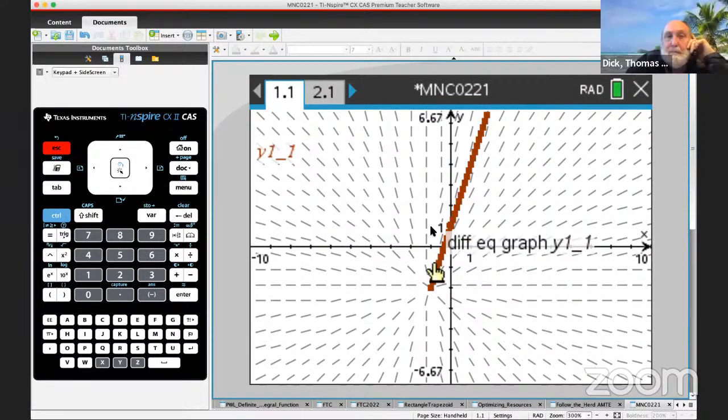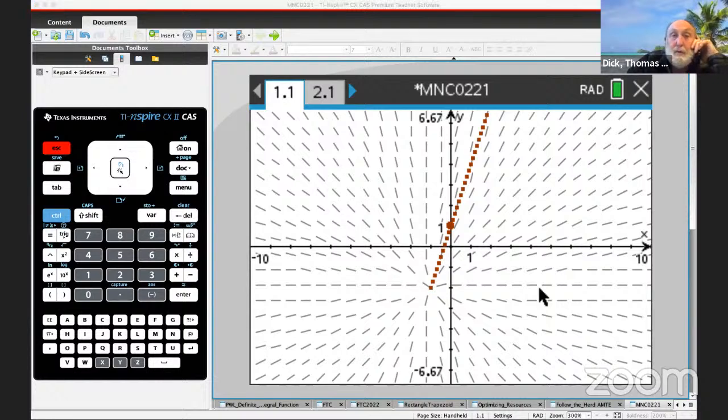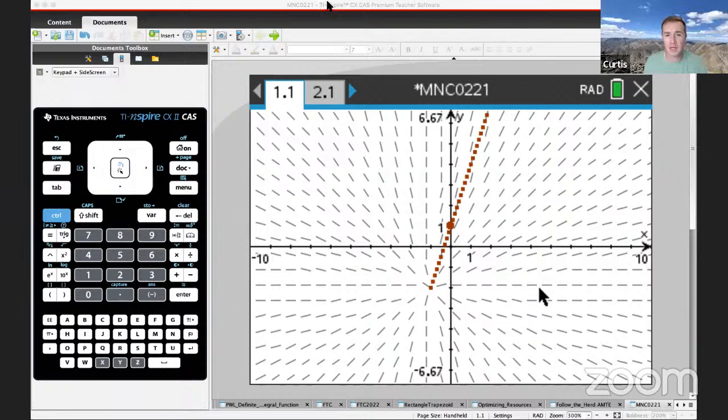I'm in Nspire. Do I need to go back to the Zoom program? Yeah, you can go back to the Zoom program, grab where it says share screen, and then switch the window that you're sharing.